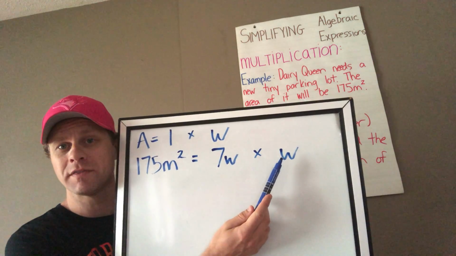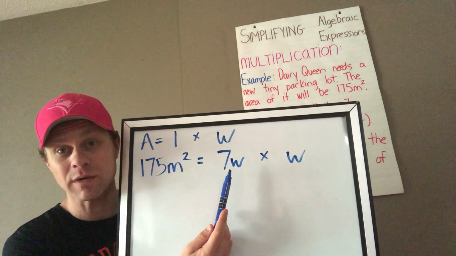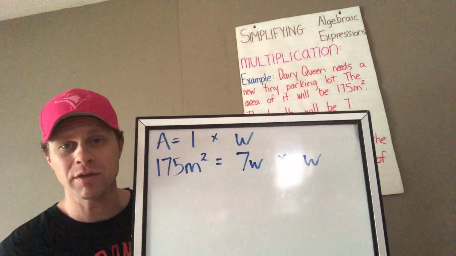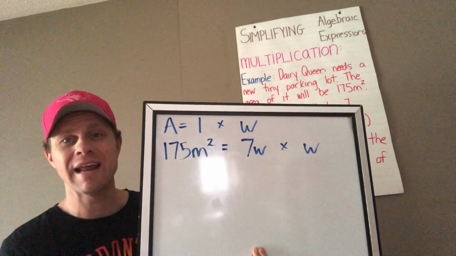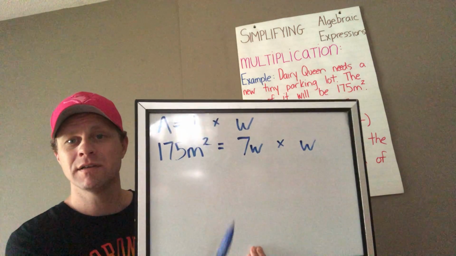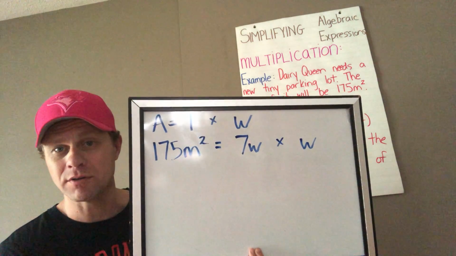We know that the length is 7 times the width, so I'm letting 7W represent our length. Okay? But now we need to multiply 7W times W.